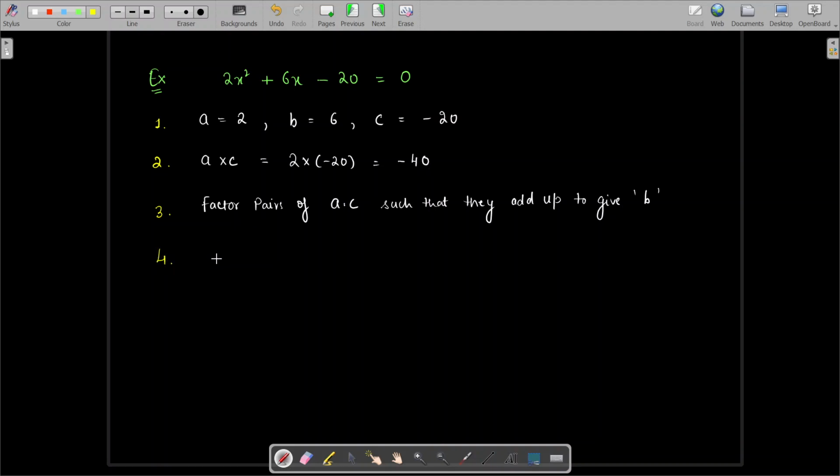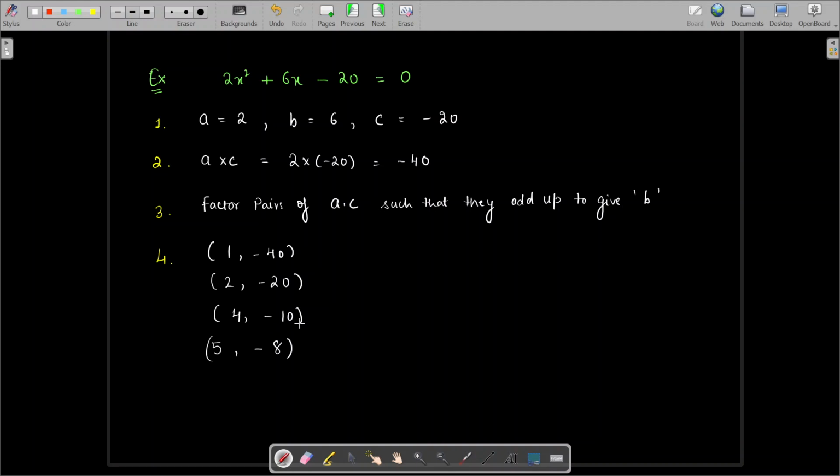For negative 40, I can think of one factor pair as 1 and negative 40, 2 and negative 20, it's not divisible by 3, 4 and negative 10, 5 and negative 8, not 6, not 7, 8 and 5 are already done, 20 is done. Now let's have a look.